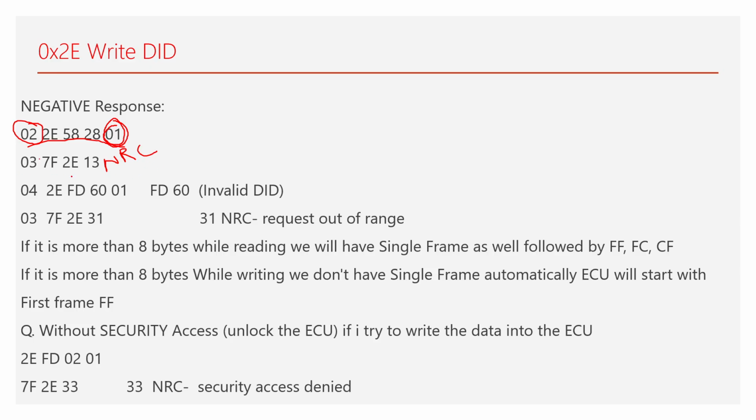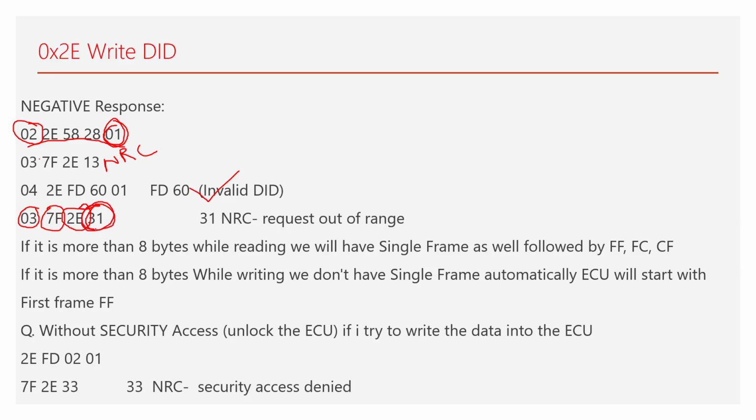So coming to here, for example, I gave an invalid DID. What is the output we will get? See here, 03 is the DLC, then 7F, because every negative response will follow with 7F, and then the service ID. What service ID was given? 02, and we are getting here 31 NRC.